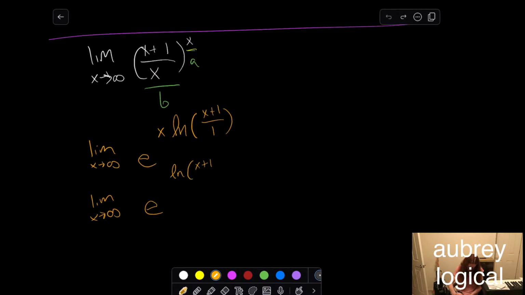We are going to change this into e to the ln of x plus 1 over x, over 1 over x. Okay, so now that we have it in a quotient form, like we want it, we can do L'Hopital's rule.